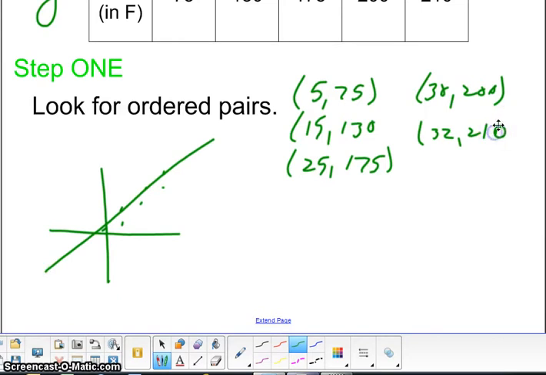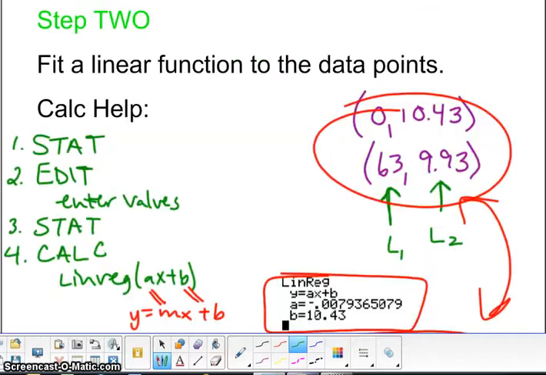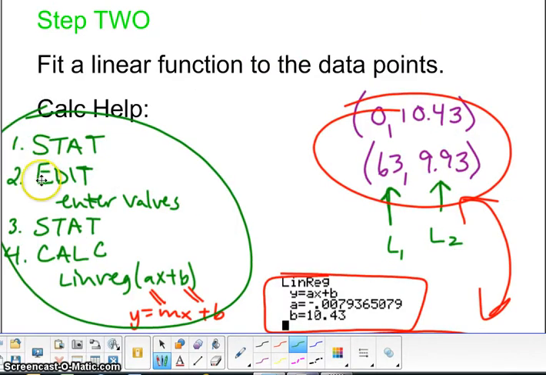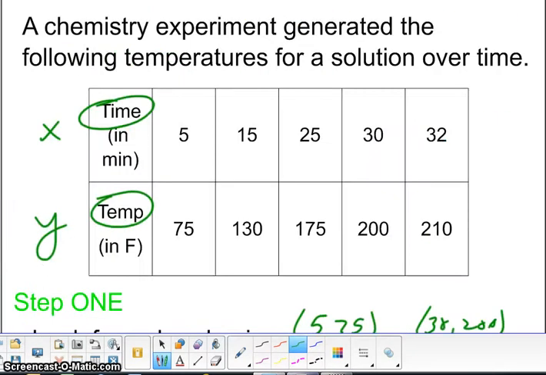So let's use our calculator to find the linear function. Push pause, go to your list. You may have to go back to the previous screen or the previous notes and look at stat edit and go back to those again. So push pause, and I want you to enter the values just as we've done before.